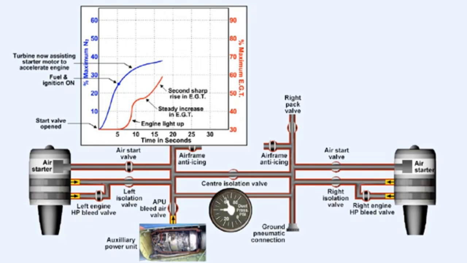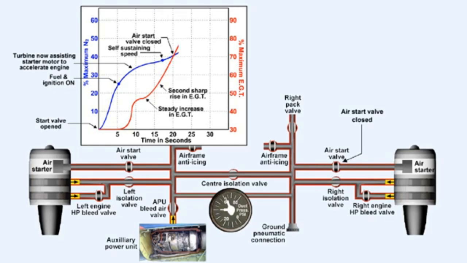However, the compressor is not yet running at idle RPM, so once again there is too much fuel being supplied to the combustion chambers, and not enough cooling air. Evidence of this is given by the second steep rise in the EGT. Eventually the engine accelerates to self-sustaining speed, which is approximately 36% N2.